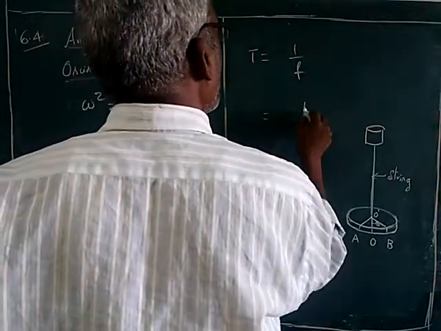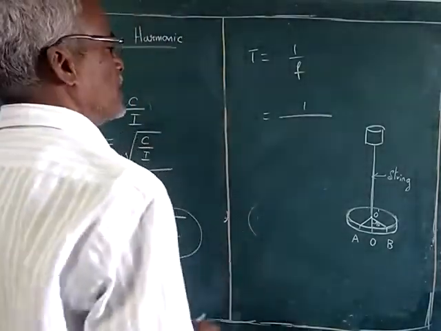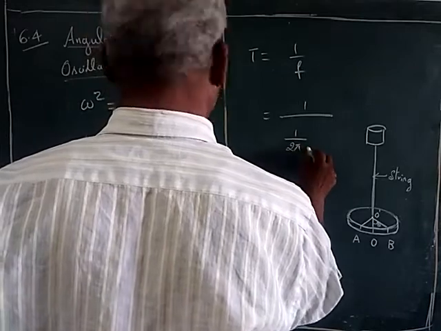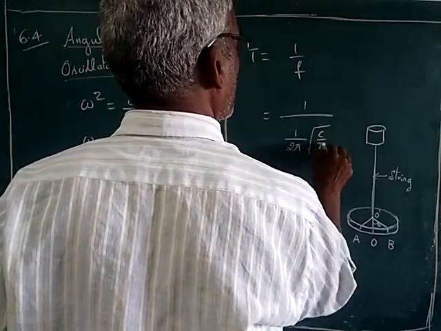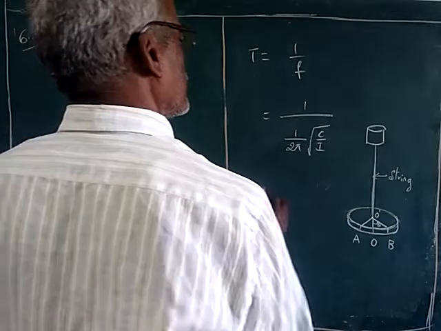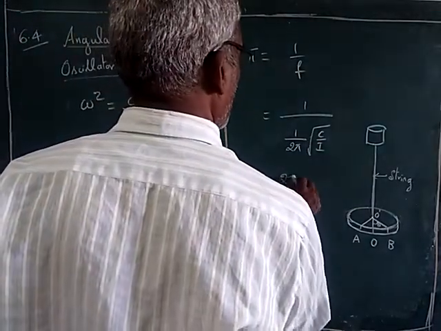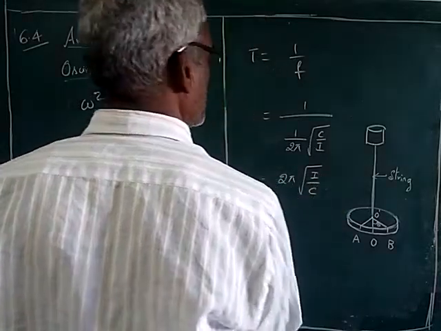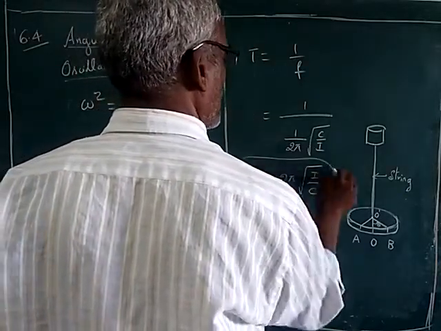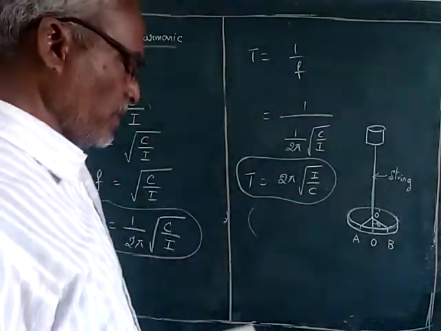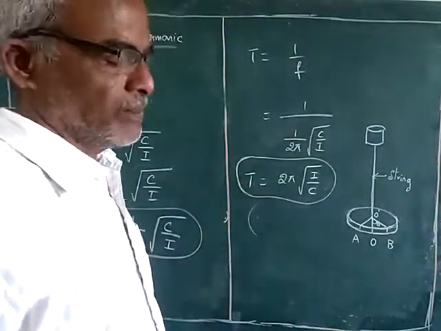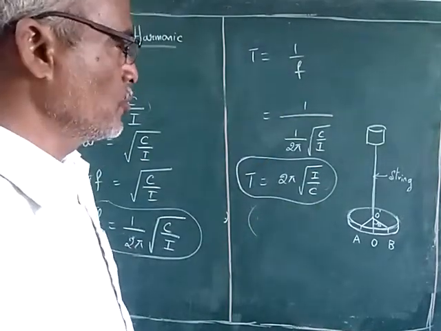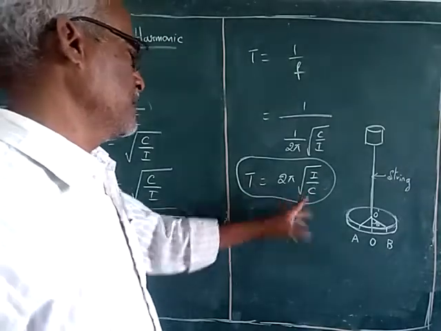So 1 divided by frequency, that is 1 by 2 pi square root of c by I. So now what will happen is 2 pi square root of I by c. This is the time period. So the time period of simple harmonic motion, in this case angular, is given by 2 pi square root of I divided by c.